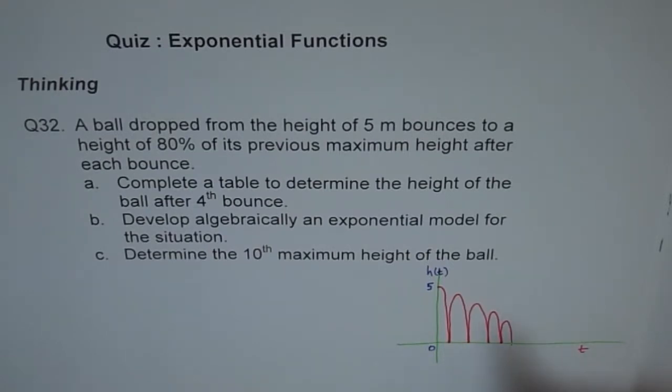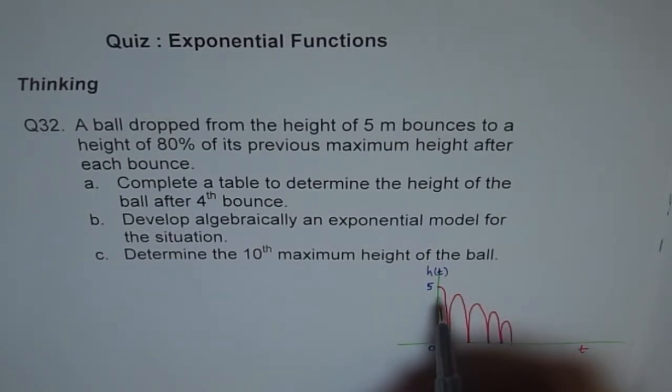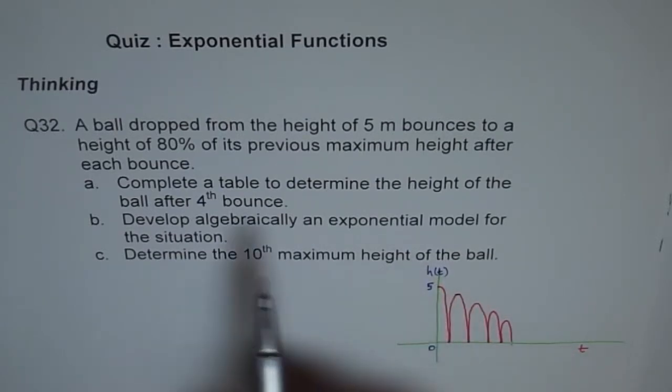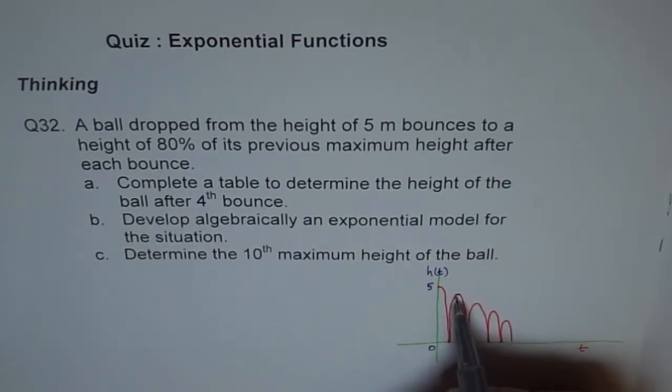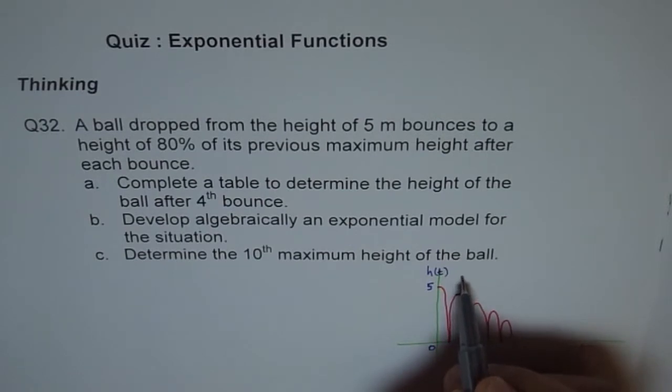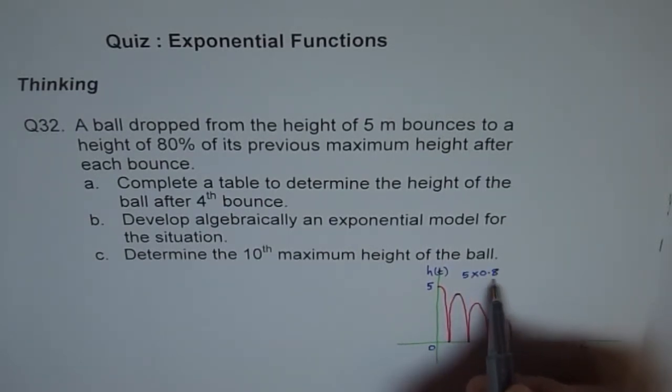Once it bounces back, it bounces to a level which is 80% of 5. So here we have a value of 5 times 0.8. That will be my first bounce value.